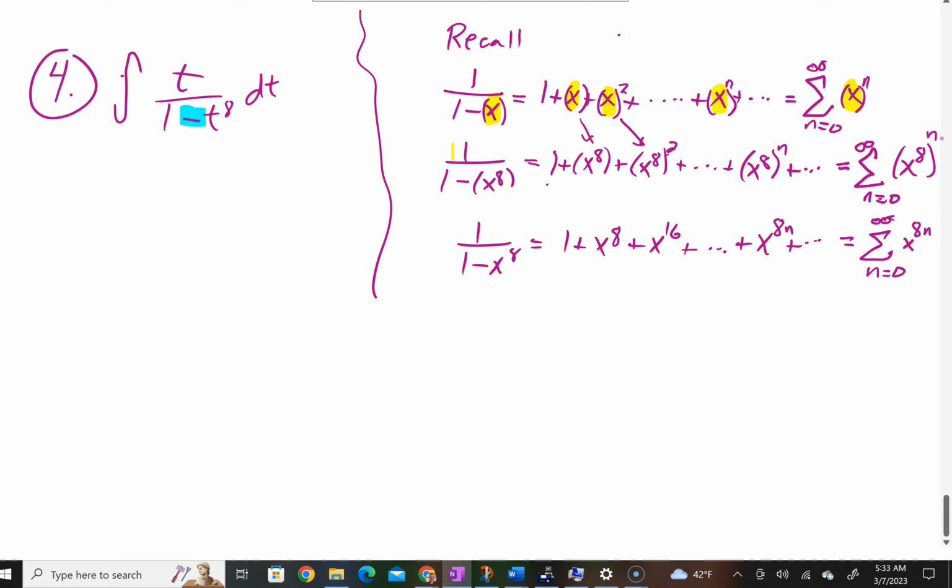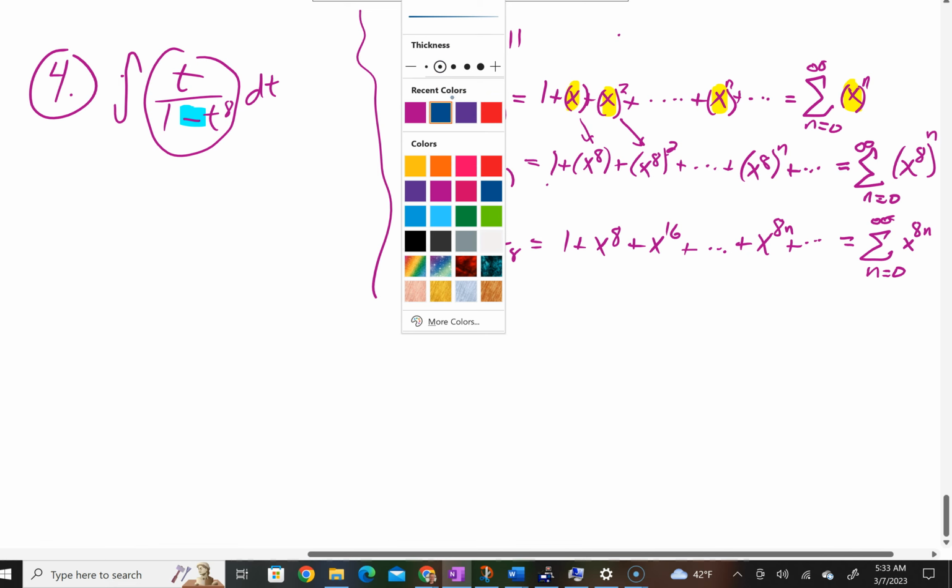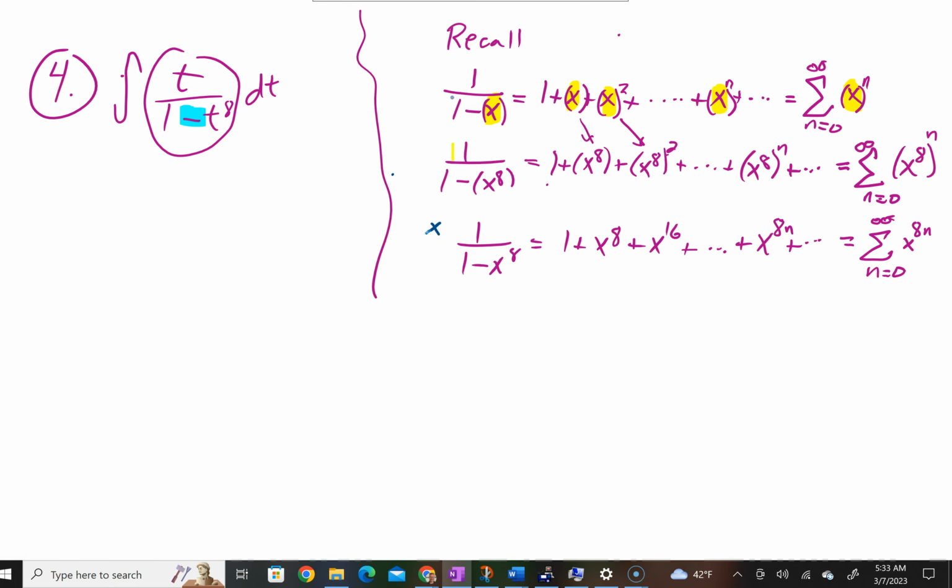Now, of course, we can refer back to this integrand, and you can say, well, wait a minute, this is far more complicated. We've got that t up on top, t all over 1 minus t to the 8th. How would we get that t up there? Here's how. We would just multiply. Our variable would be x, and we just have this x right here.